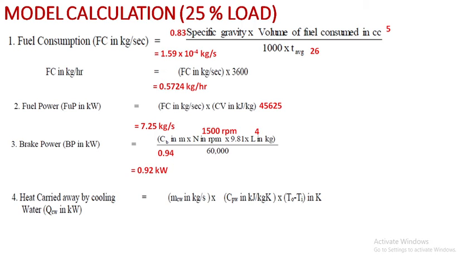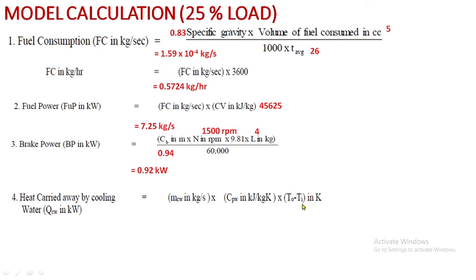We know that some part of the heat is carried away by the cooling water. Generally Q is m c del T. Here, mcw is the mass flow rate of cooling water in kg per second, Cpw is the specific heat of water in kJ per kilogram Kelvin, and To minus Ta is the cooling water outlet temperature minus the cooling water inlet temperature.